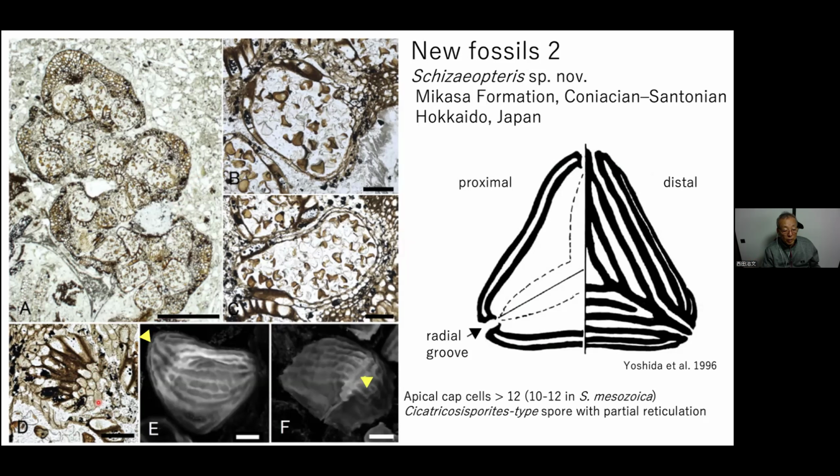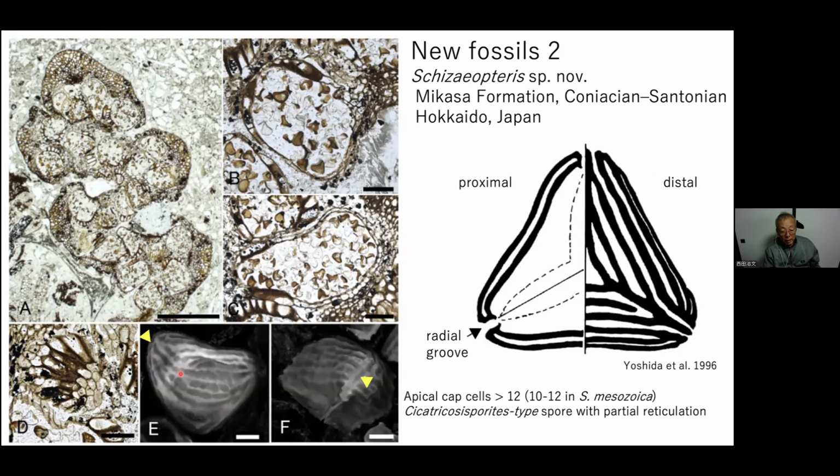And the number of these terminal cells are an important feature to identify species. So this one has a larger number of apical cap cells compared to Schizaeales Mesozoica. And the spore morphology is also different.